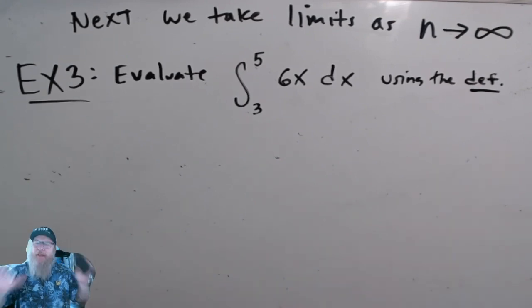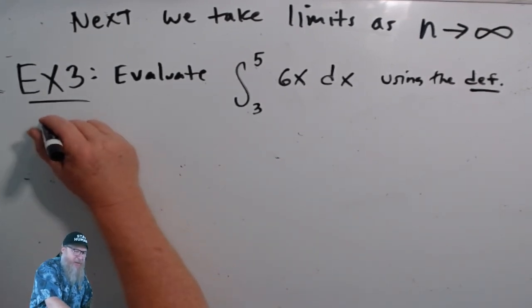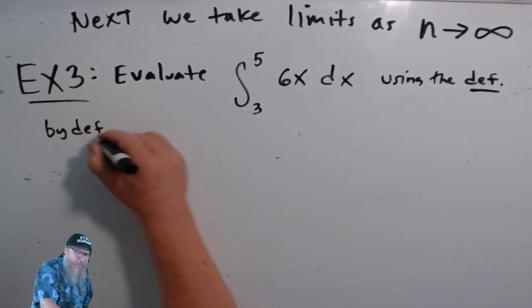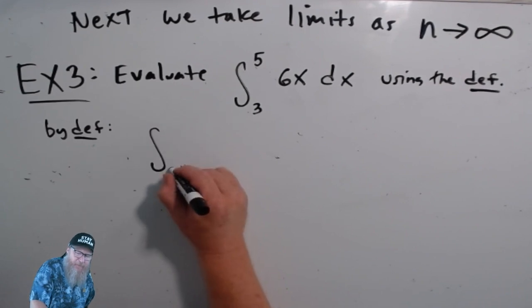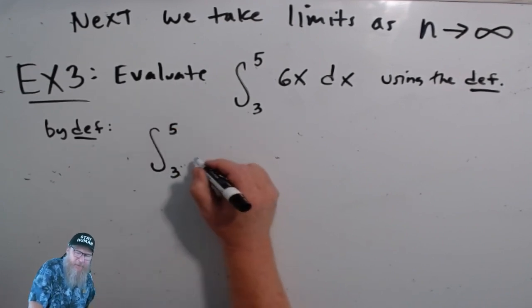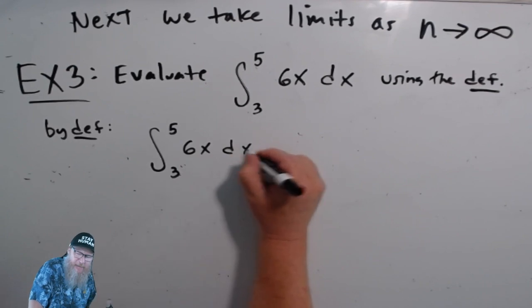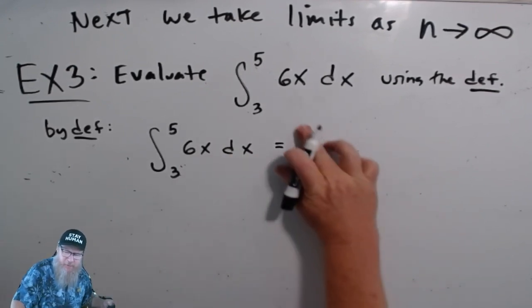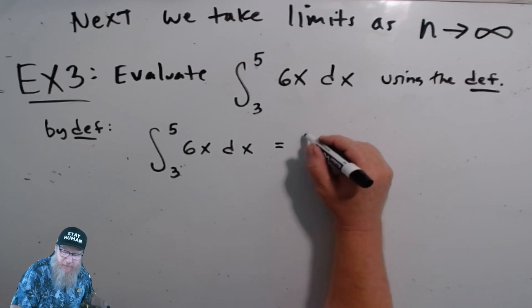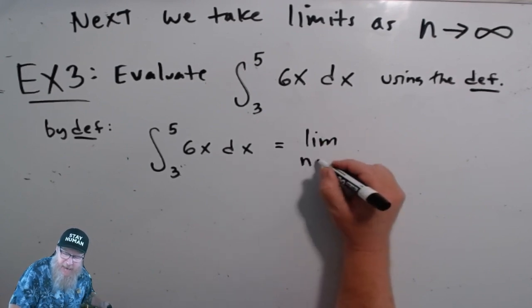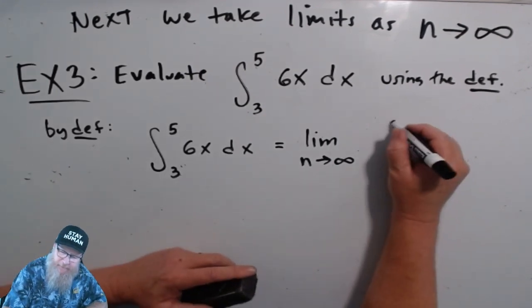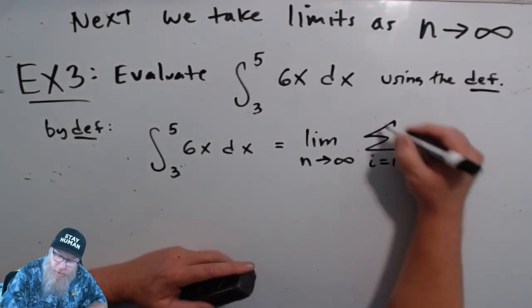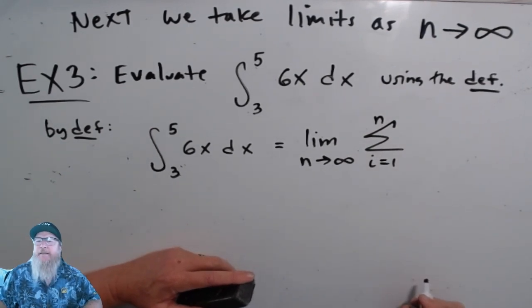All right, so this is now the definite integral. So let's go ahead and write the definition. The integral from 3 to 5 of 6x dx is equal to the limit as n approaches infinity of the sum from i equals 1 to n. So we're not going to say how many rectangles there are.